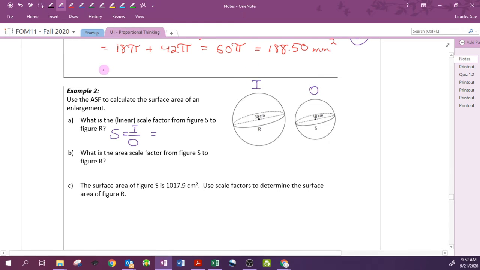If you're only going to listen to one piece of advice I give you today, label your drawings. Label which one is your image and which one is your original, okay? Just make life easier for yourself. All right, so I need a length on the image, which is 30, and a length on the original, which is 18. And if I reduce that, that reduces to 5/3.